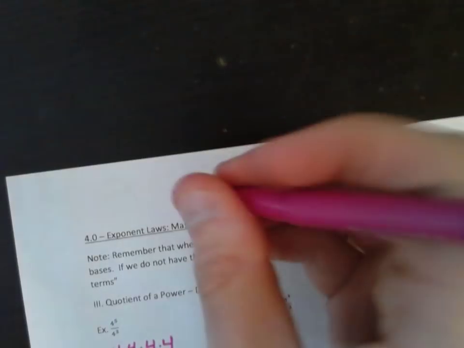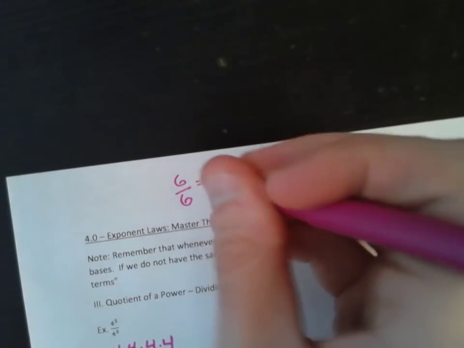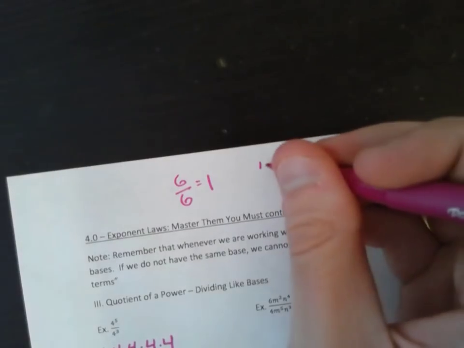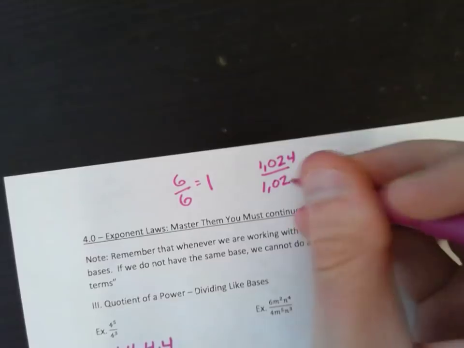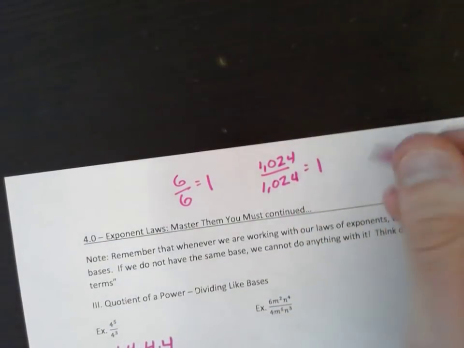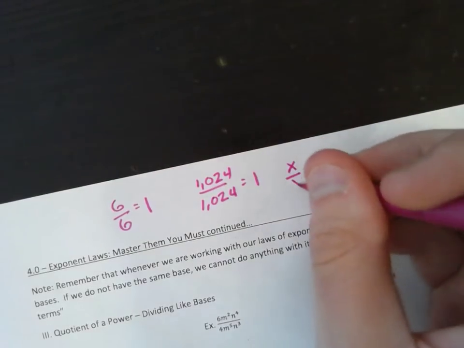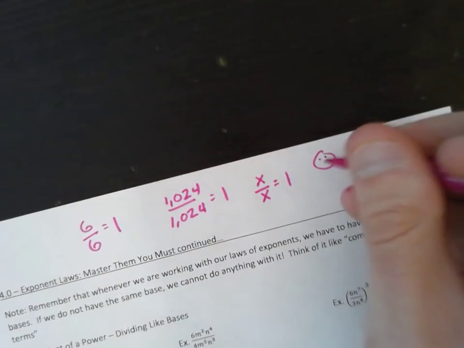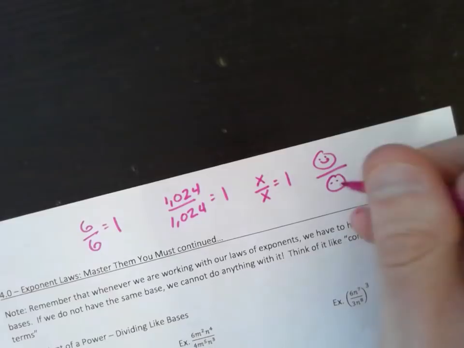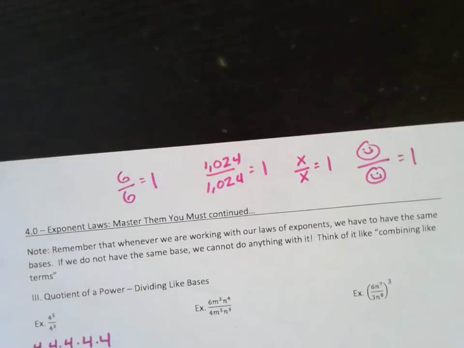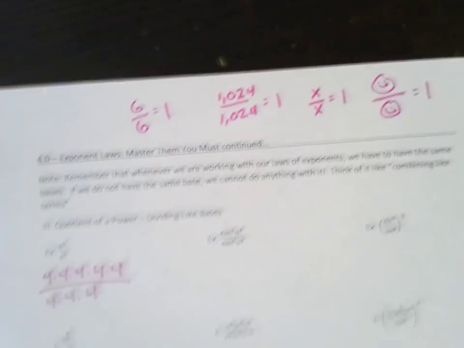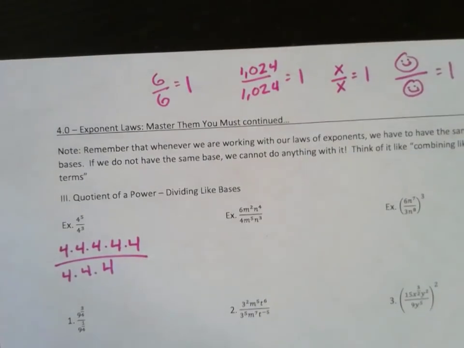We know 6 divided by 6 is 1. We know 1,024 divided by 1,024 is 1. We know x divided by x is 1. We know smiley face divided by smiley face is 1. Anything divided by itself is always 1. So that's the concept we're going to use for this problem.